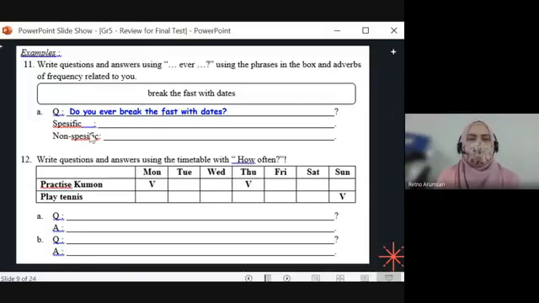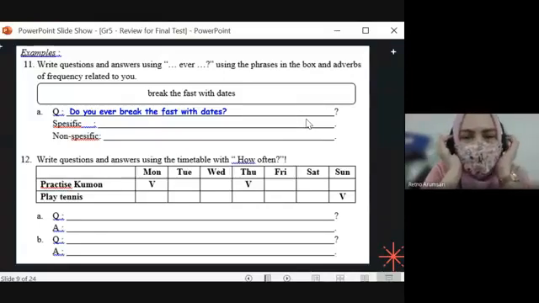Now, how do you answer that, Zahra? For specific, like weekly, daily, or monthly, what's your answer for this one? Zahra? Can you speak louder?